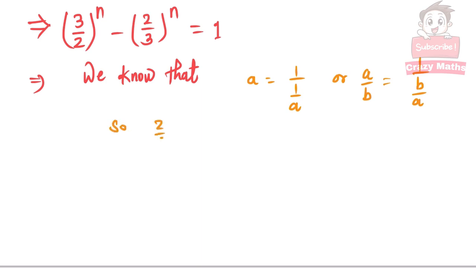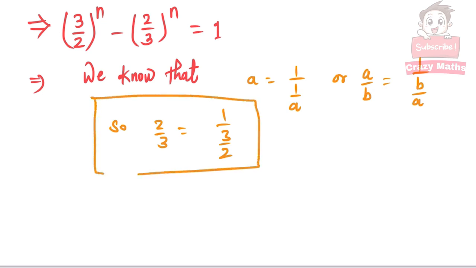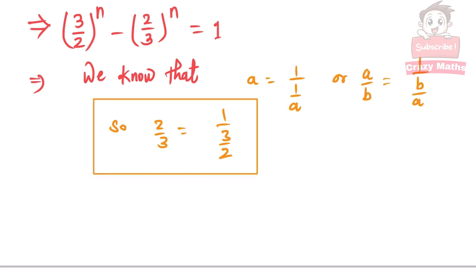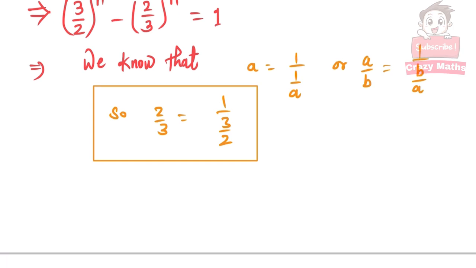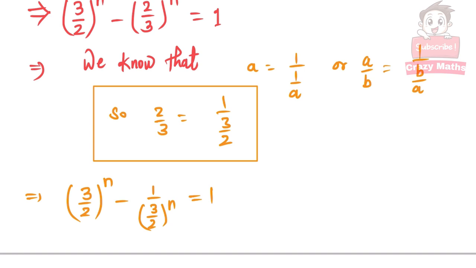Then 2 by 3 equal to 1 upon 3 upon 2. We will write 1 upon 3 upon 2 in the place of 2 upon 3. Now 3 upon 2 power n minus 1 upon 3 upon 2 power n equal to 1.